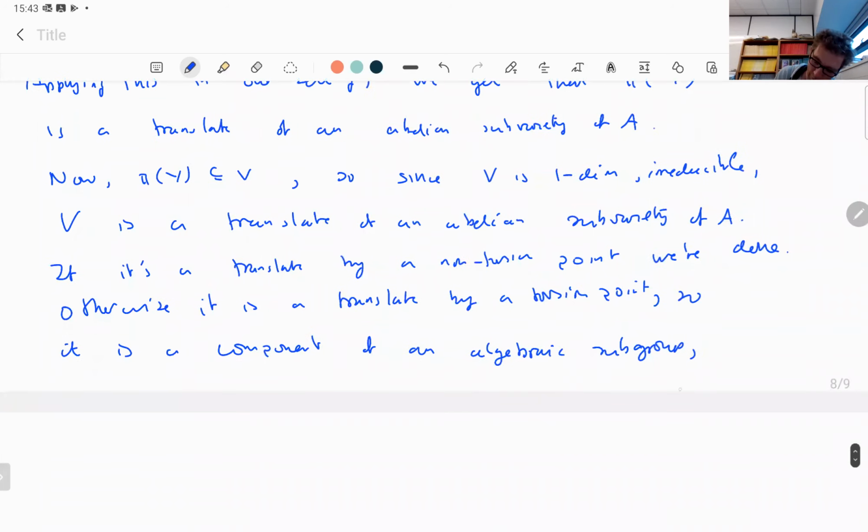So we get finitely many torsion points on our V. So that's the proof of that special case of Manin-Mumford using the Pila-Zannier strategy.